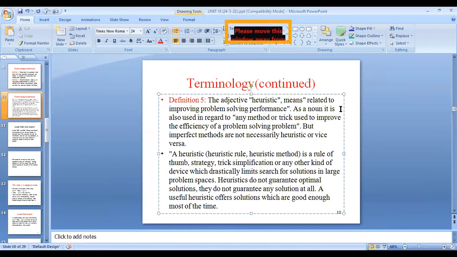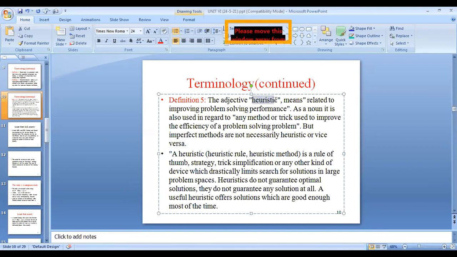As a noun, it is also used in regard to any method or trick used to improve the efficiency of problem solving. So what is a heuristic?